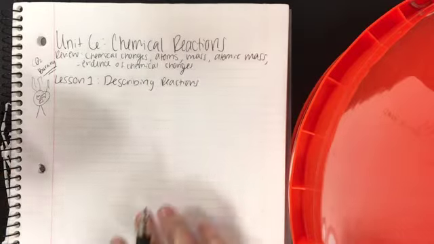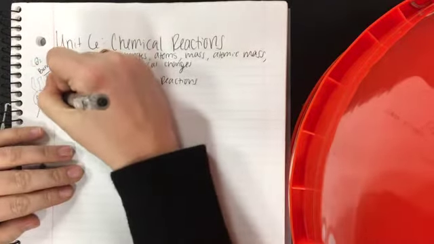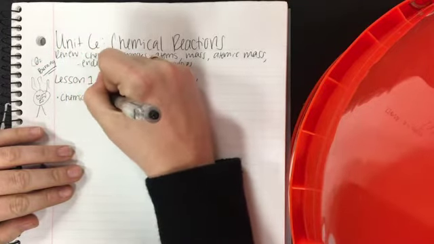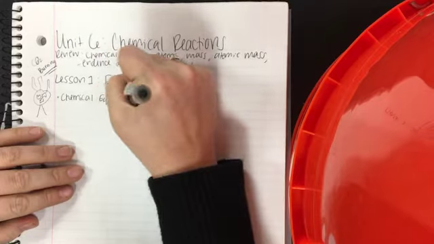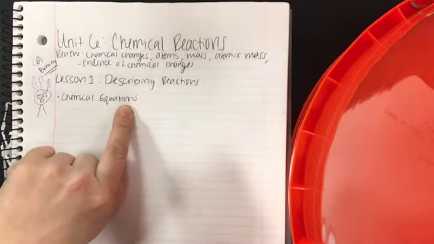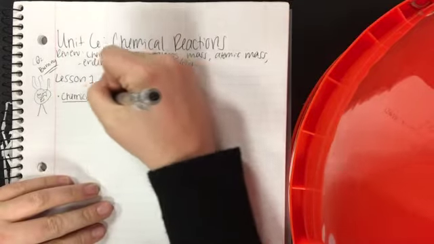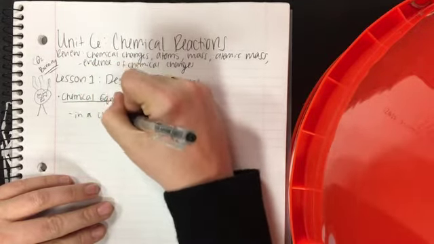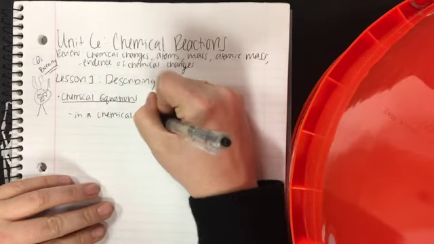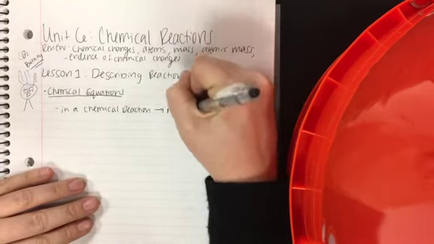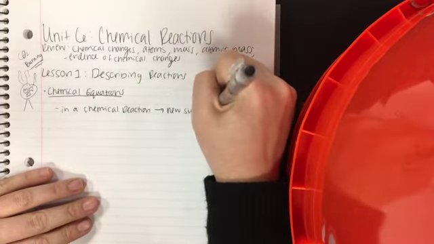So we're going to look at chemical equations first, because one of our goals in the end of this is going to be able to balance a chemical equation. So in a chemical reaction, new substances are formed.